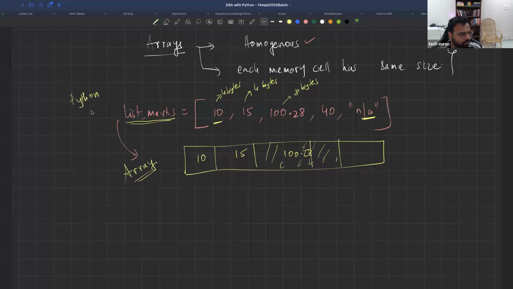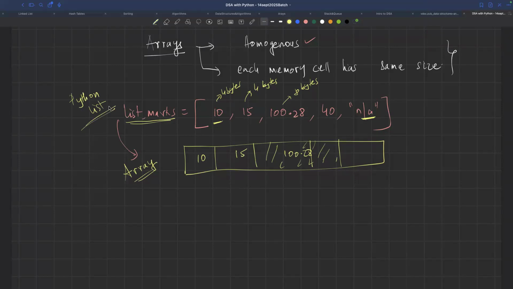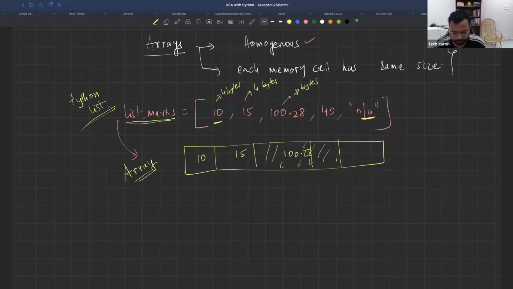Did you guys have this doubt? But it could be a list of lists. So a list of lists will contain the address of that list in this cell, and that list will itself contain different memory locations. Correct. What is it called?